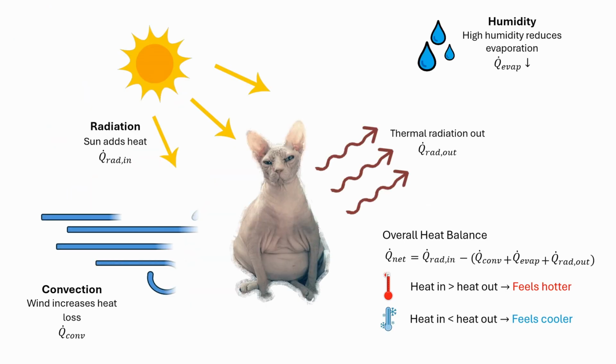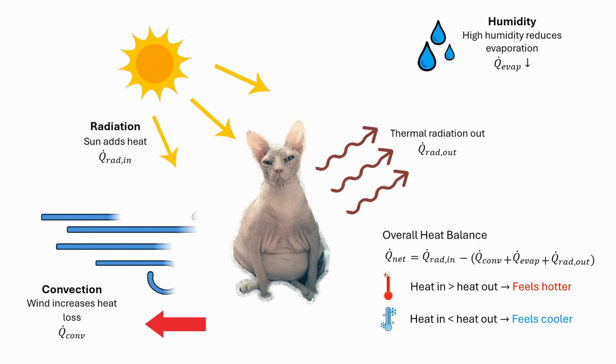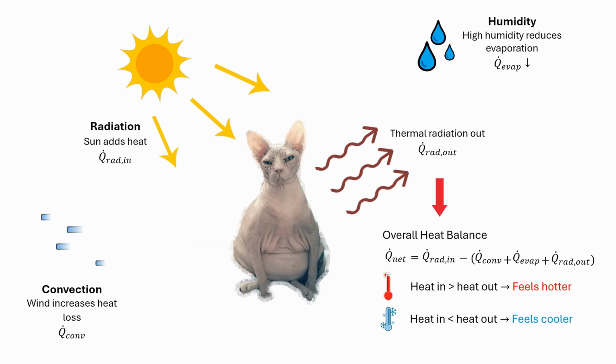Now we combine everything to understand the overall effect. Humidity reduces evaporation, which means less cooling from the cat's skin. Wind usually increases heat loss by enhancing convection, allowing heat to leave the body faster. At the same time, the sun adds heat through radiation. We can summarize this using net heat transfer, where heat coming into the body is compared to heat leaving the body.